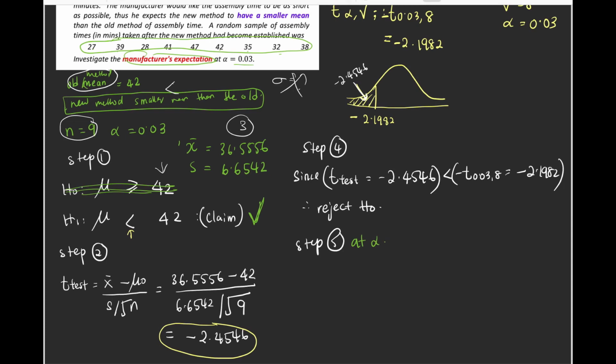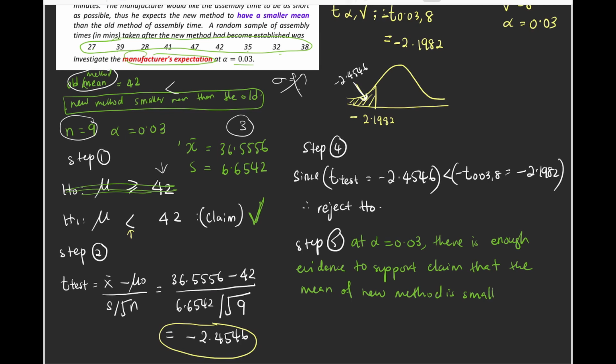So at alpha 0.03, there is enough evidence to support the claim that the mean of the new method is smaller than the old method. Okay, done.